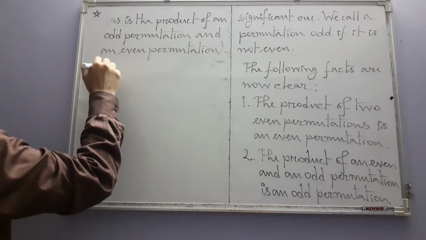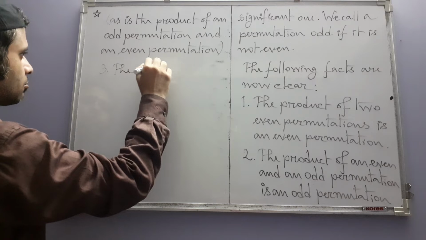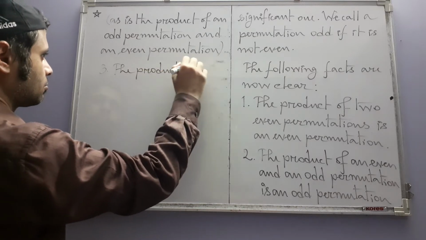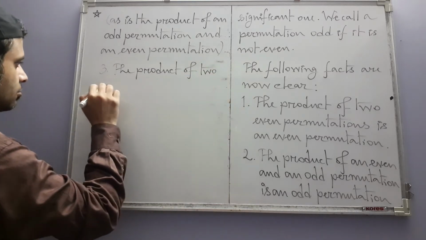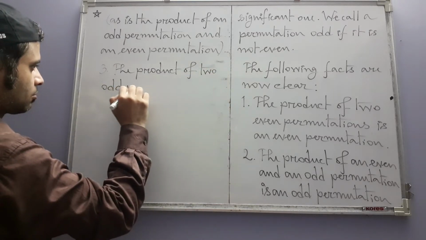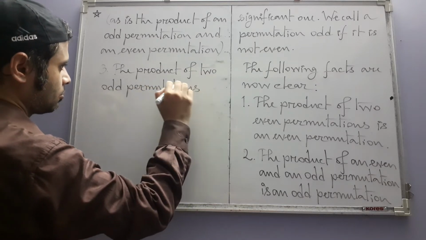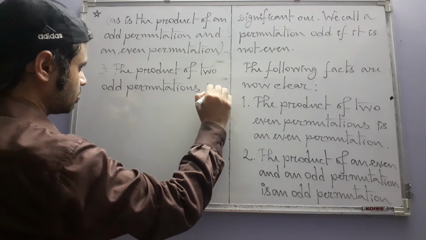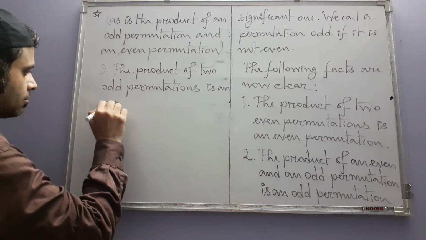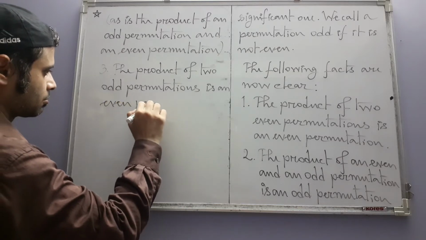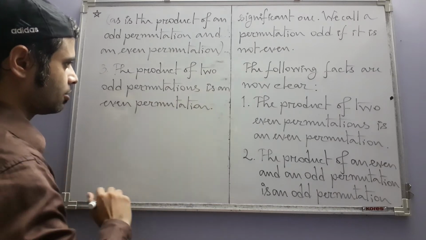And number 3, of course, the product of two odd permutations is an even permutation, because odd plus odd is even.